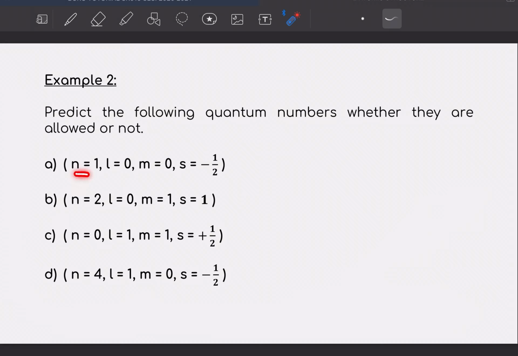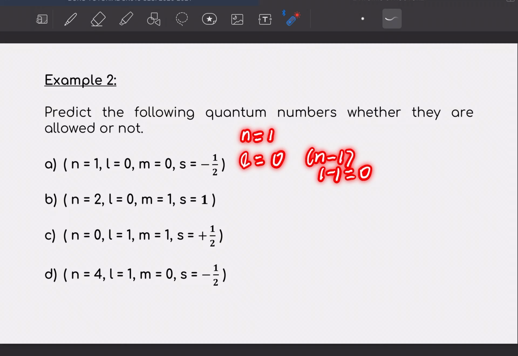Okay, when n is equal to 1, your L can equal 0. Betul tak? So bila n equals 1, the possible value for L will be 0 only, because maximum for L, since L depends on n, is n minus 1 kan. So 1 minus 1 is 0 lah. Okay, so ada 0 je.